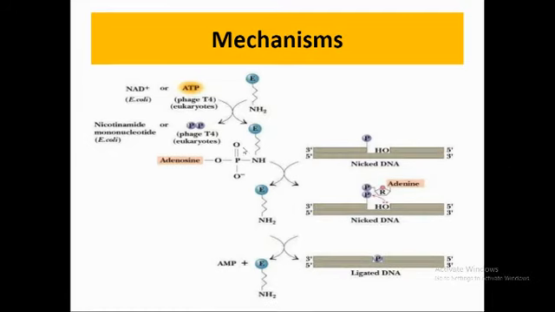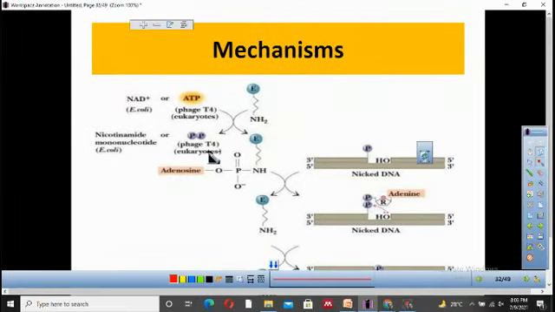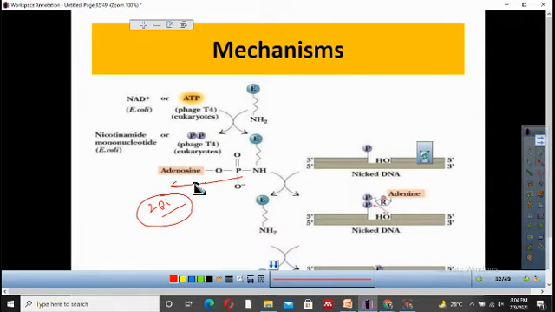Here you can see this ATP is broken into the AMP plus 2 Pi. This inorganic phosphate is released. And after that, this enzyme-linked AMP interacts with the 3 prime OH.